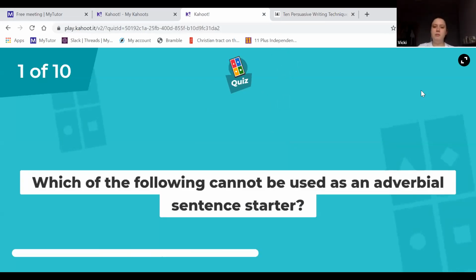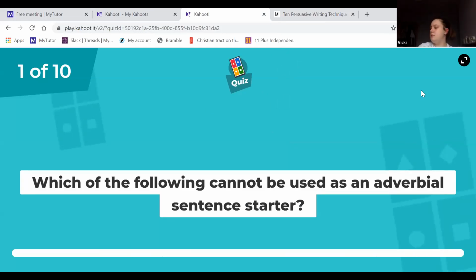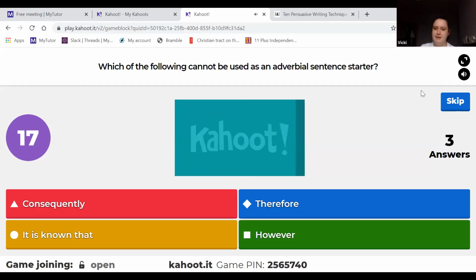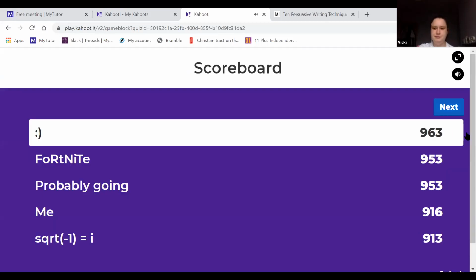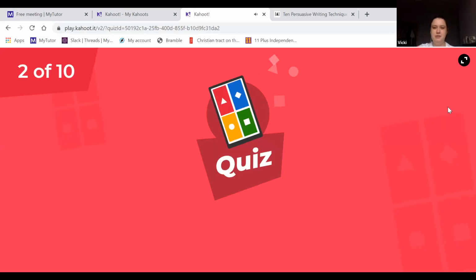Which of the following cannot be used as an adverbial sentence starter? Hoping for full marks on this one, guys. Fabulous. Yeah, it is known that. Well done. Some of you got in there super quick.